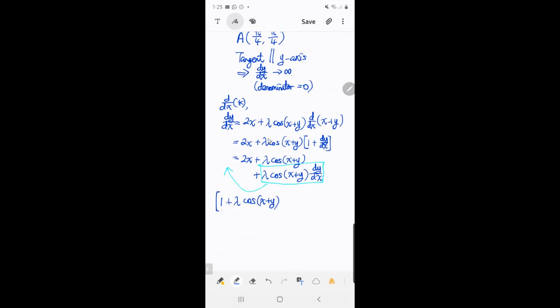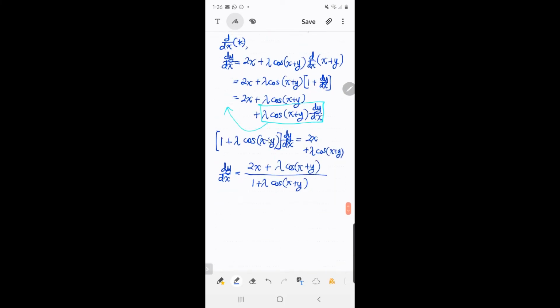So you can now factorize the dy dx. And this is equal to the right hand side. So you just copy 2x plus lambda cos of x plus y. All right. So therefore, your dy dx is in the form 2x plus lambda cos of x plus y on top. Then the bottom is 1 plus lambda cos of x plus y at the bottom.